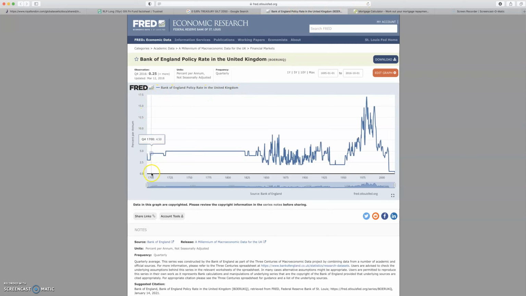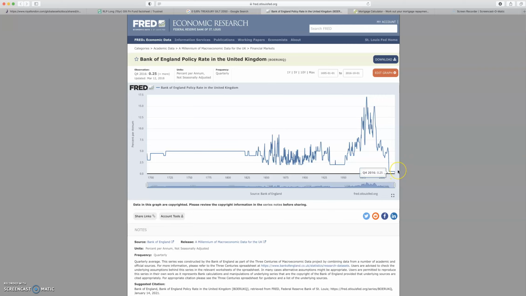So here we have 320 years' worth of data, and this is kind of rough. I think this is just an average for the year. But what I can tell you is that the average minimum lending rate for the last 320 years has been 6%. We're currently at 0.1%, and it has been that way since March 2020.